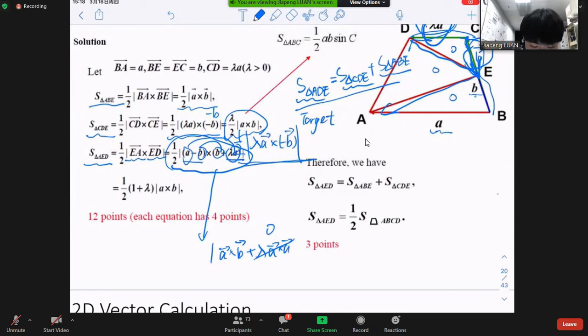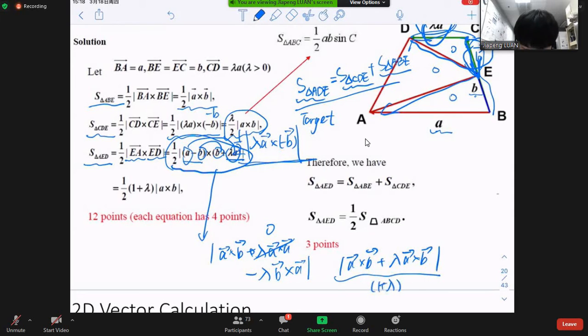And you have A cross B minus lambda B cross A. So this is just A cross B plus lambda A cross B. And then from this you can get this is 1 plus lambda, A cross B, right?